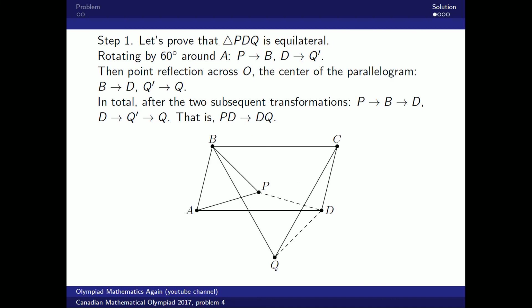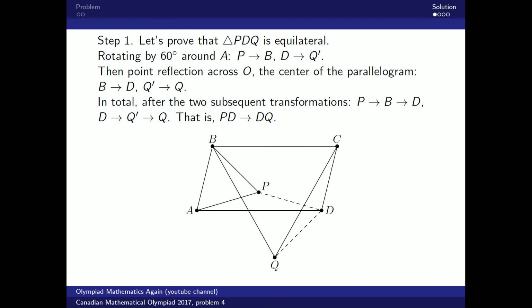So P goes to D, D goes to Q, so then PD goes to DQ. But what does it mean? The combination of two transformations, first we rotate the plane and then we consider point reflection, is also some kind of transformation.